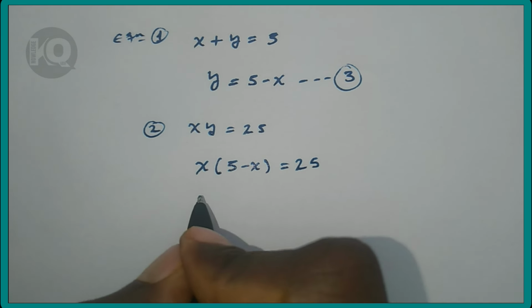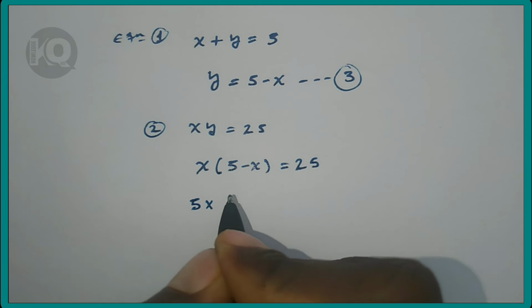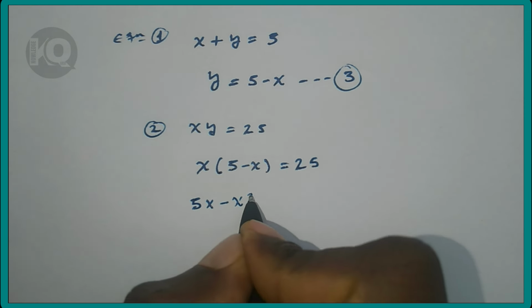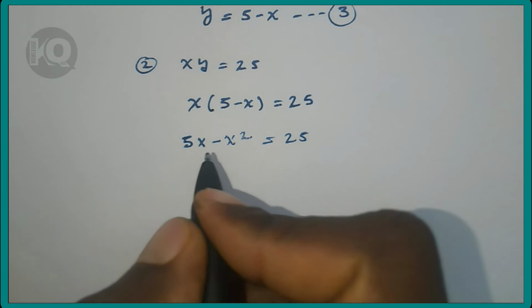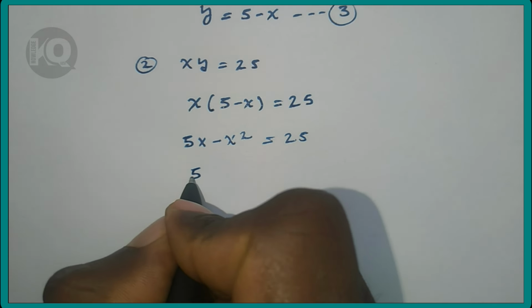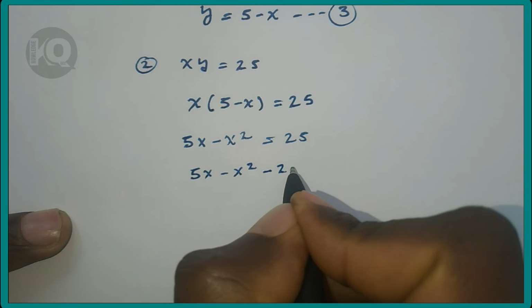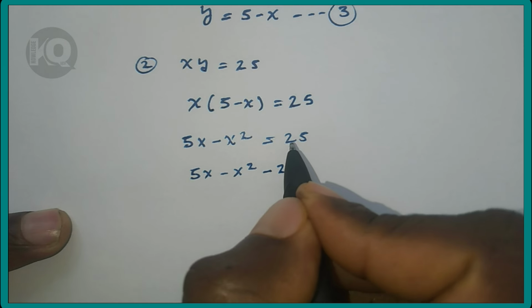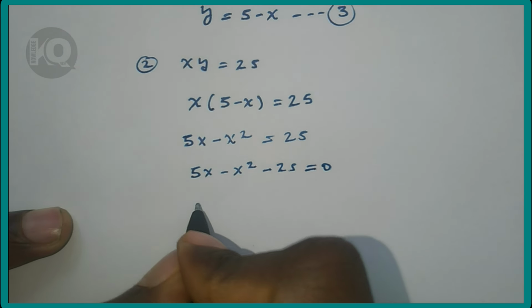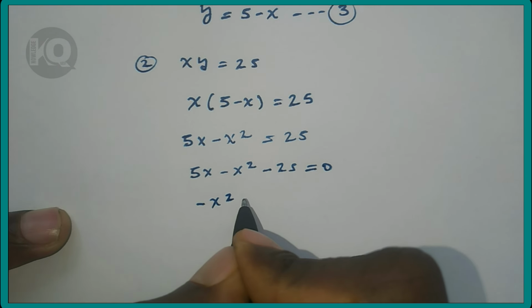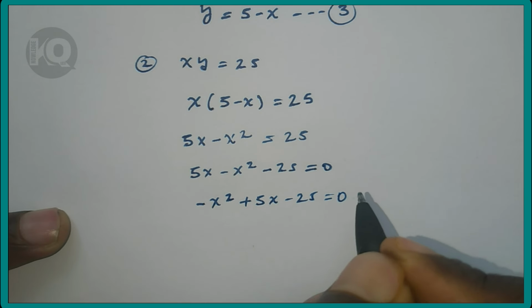This will be 5x minus x squared equals 25. Rearranging, when we take 25 to the left side it becomes negative: 5x minus x squared minus 25 equals 0. Then we get a quadratic equation, minus x squared plus 5x minus 25 equals 0.